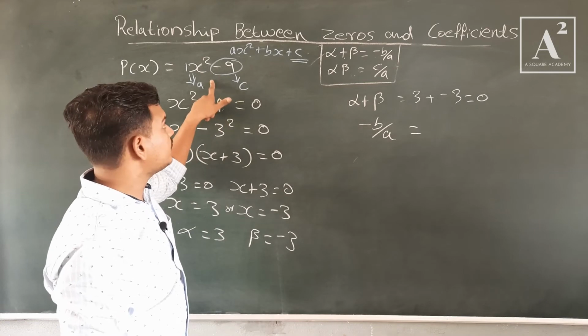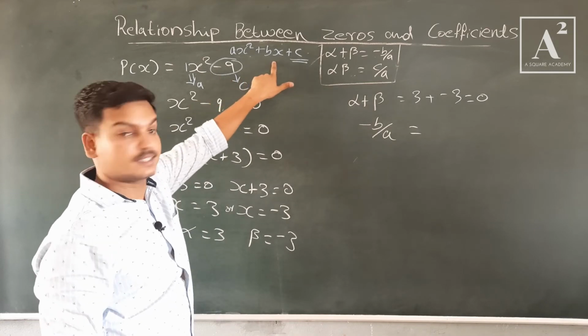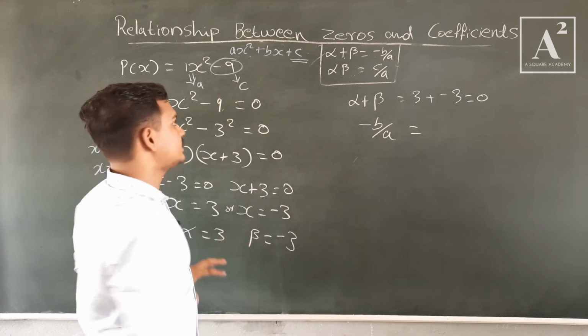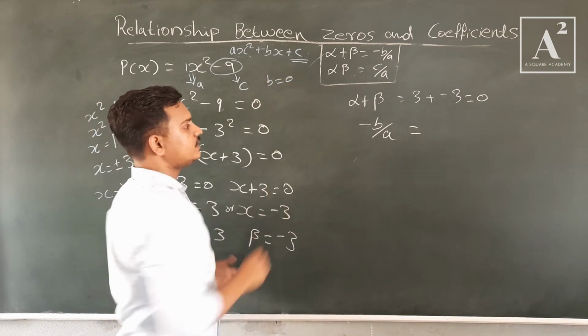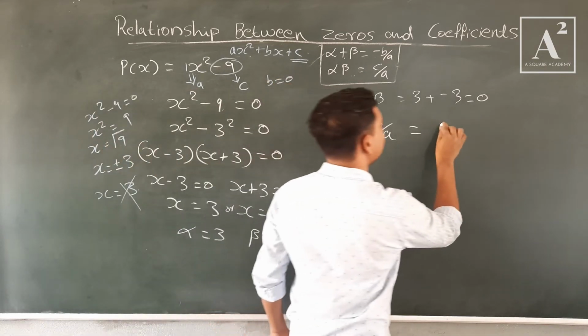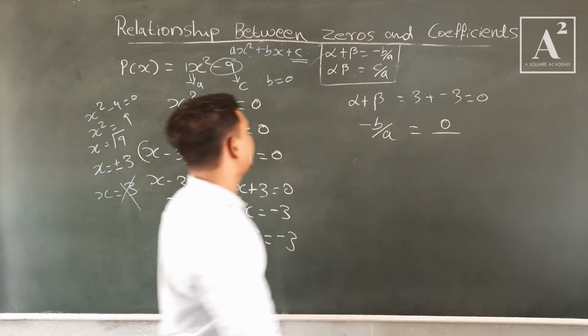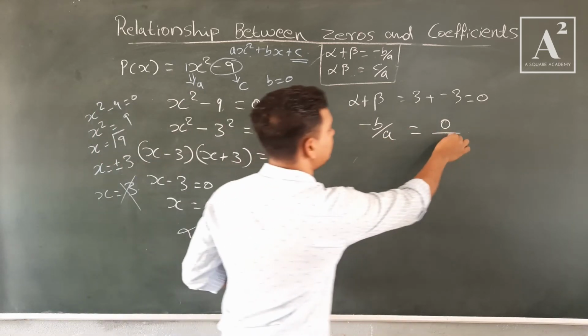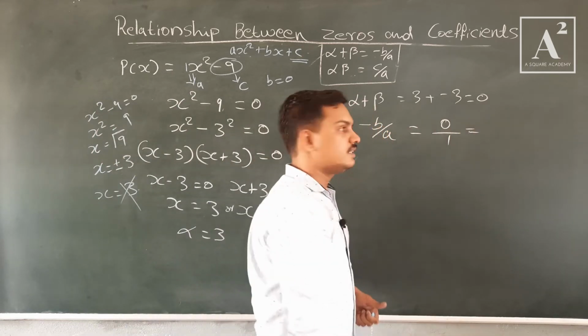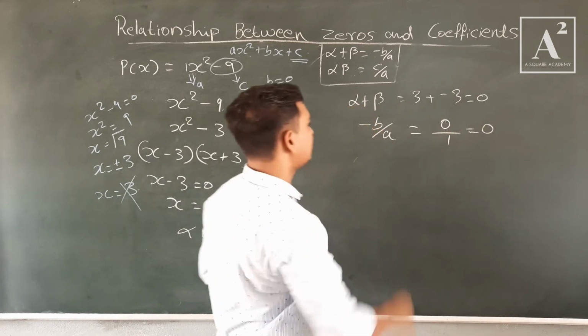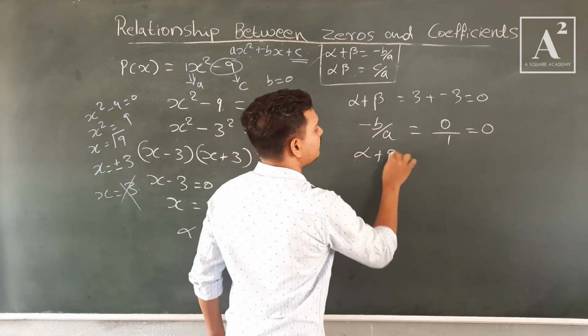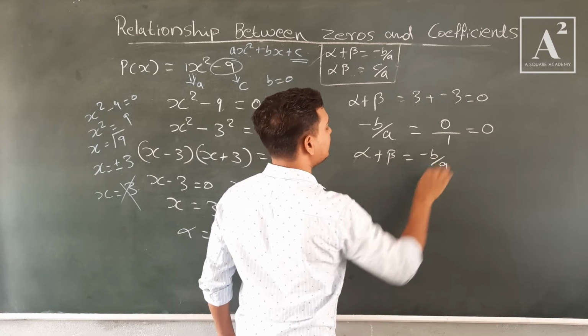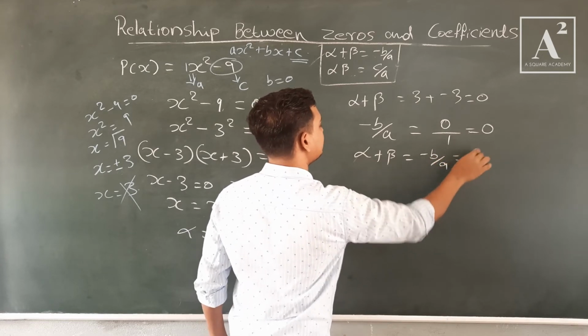There is no b, right, no x term present here, which means b is 0 in this case. So here we can write 0 divided by a. A is whatever, no problem, because the numerator is already 0, so we got 0. So alpha plus beta is equal to minus b by a, that is equal to 0 in this case.